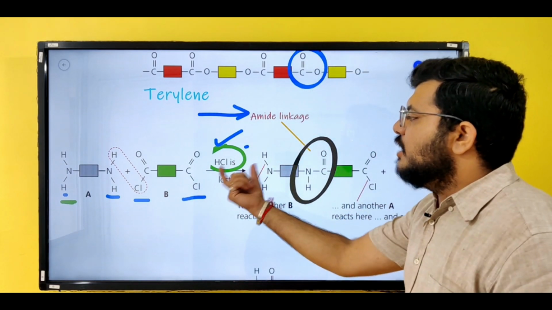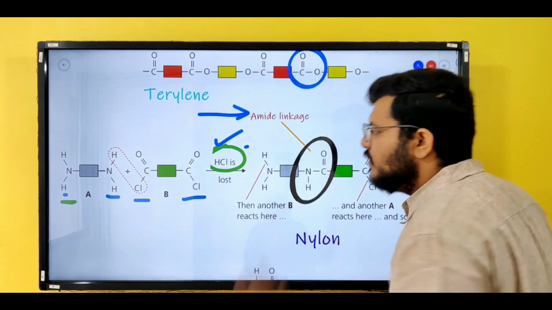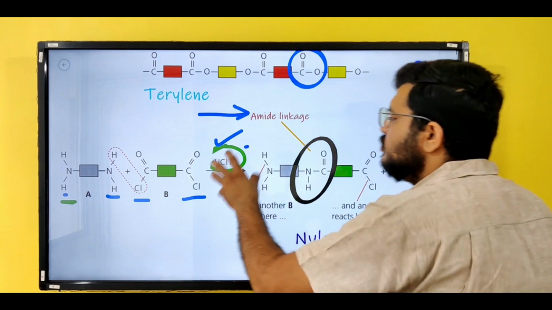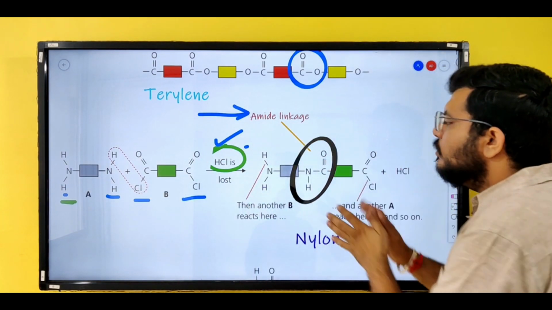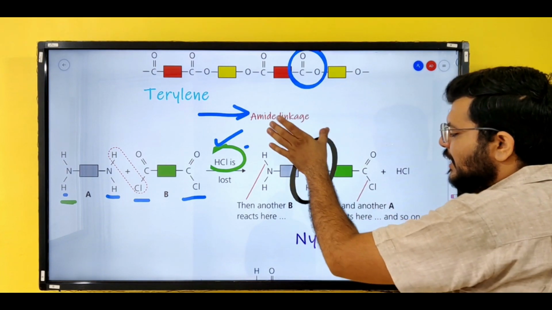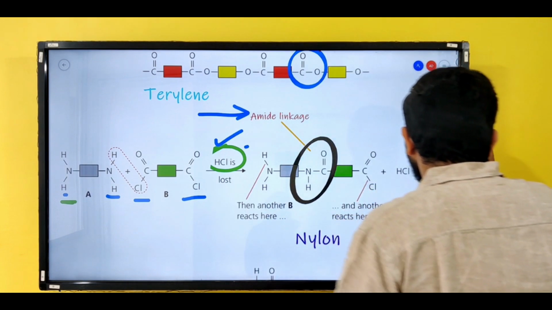Condensation means something is removed, right? There is a byproduct. In the previous one, the byproduct was water. In this one, the byproduct is HCl. So when that is lost, a polymer is made which has amide linkage. This is an example of nylon polymer.